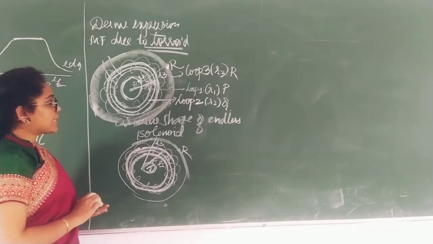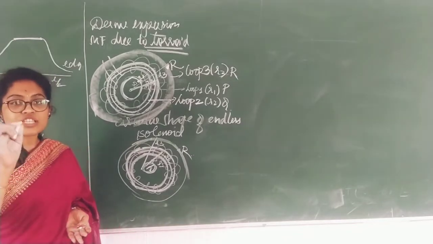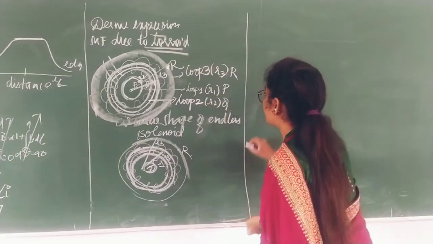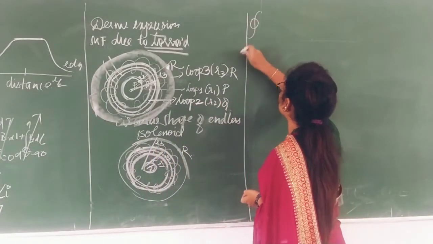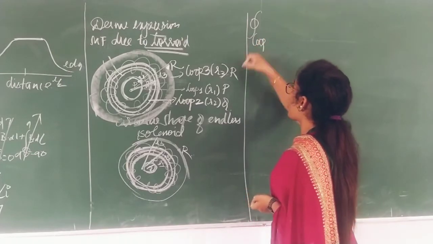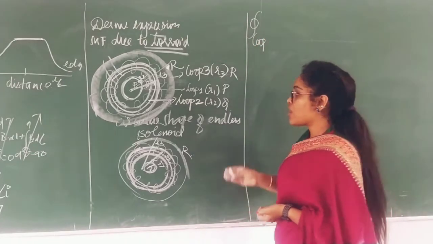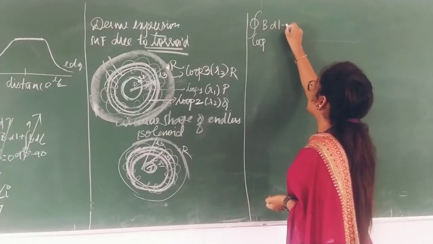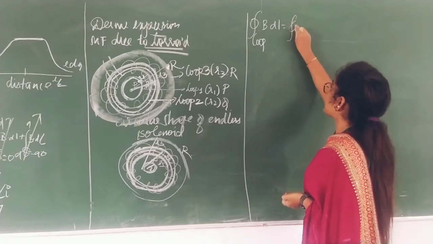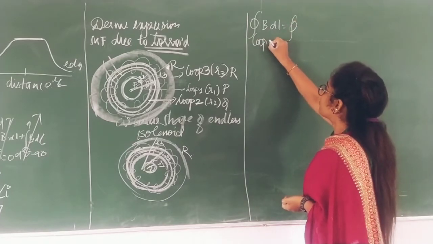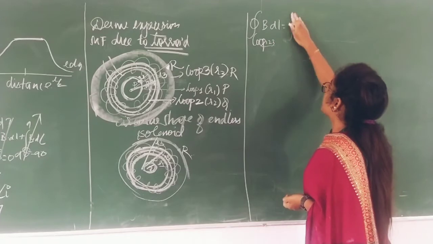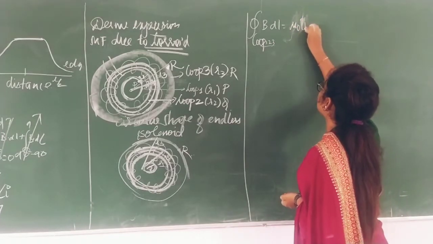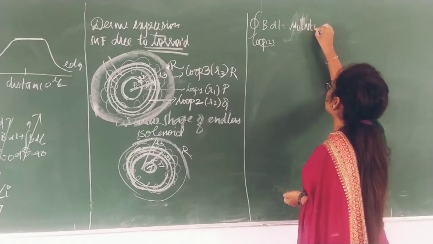If my loop is ready, my formula is also ready. First, we will write the formula, that is the integration over the complete loop. How many loops do we have? 3 loops. First I will consider the complete loop. I will write the integration of B dot dl, then mu naught I, where I is the net current.